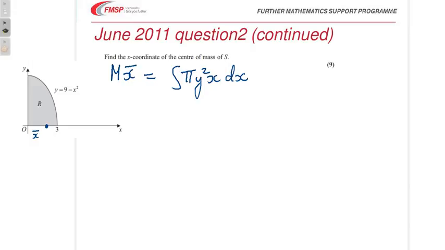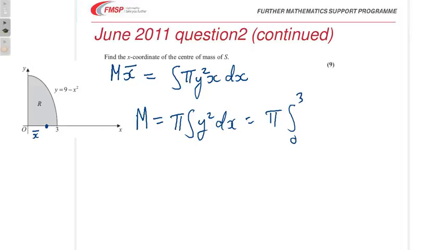So let's work out the mass first of all. The mass is equal to the volume, which is pi the integral of y squared dx. And in this case that becomes pi the integral from 0 to 3 of (9 minus x squared) squared dx. Now the rest of this is pure maths, but let's just carry on with it.